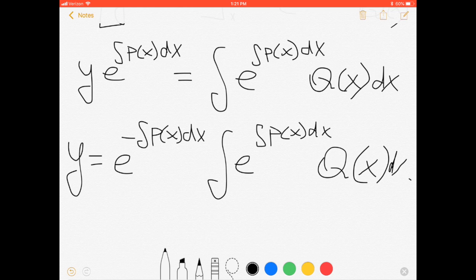Sorry, it's dx, but sometimes this happens. Using this multiplicator, we can solve and find the general solution.